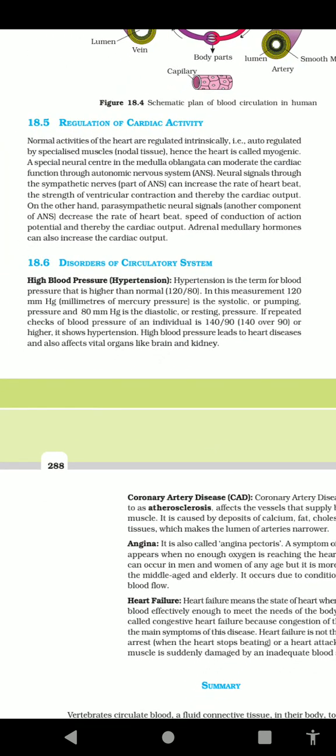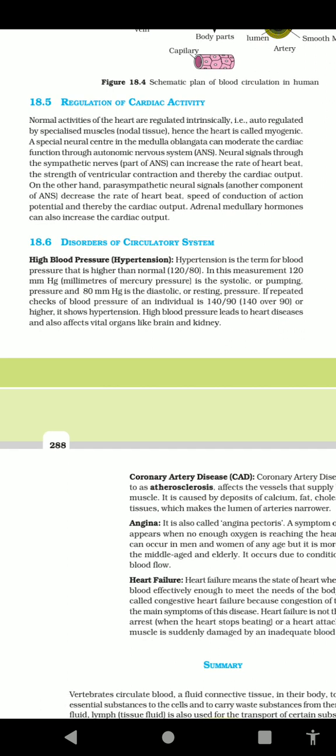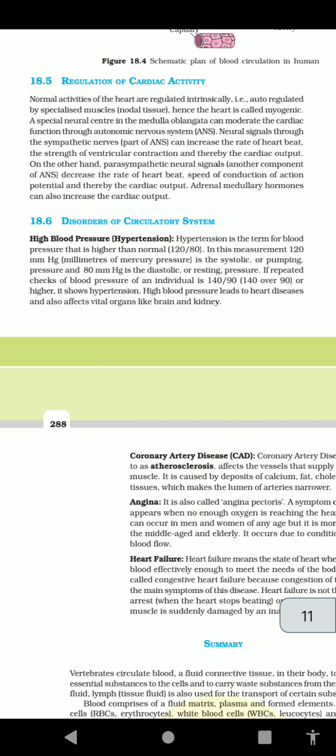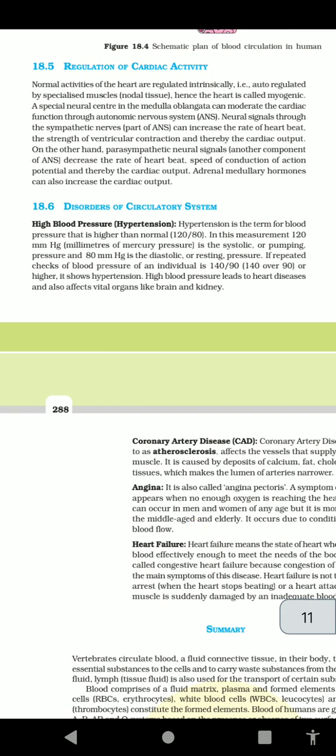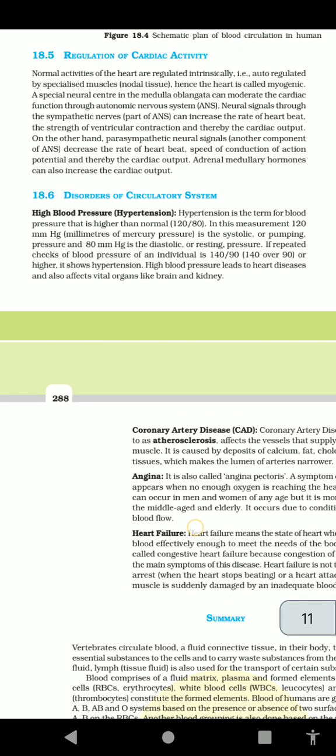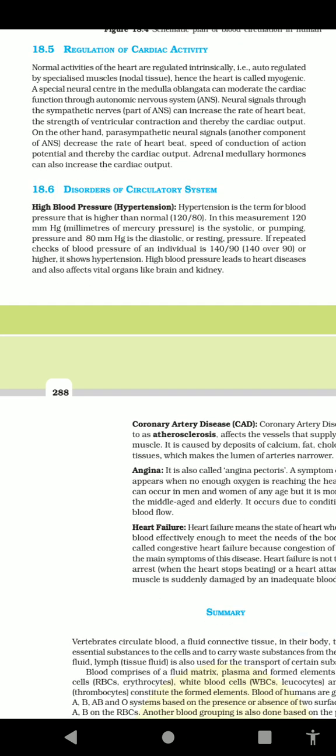Regulation of the cardiac activity. Normal activity of the heart is auto-regulated by specialized muscle, the nodal tissue. Hence, the heart is called myogenic. A special neural center in the medulla oblongata can moderate the cardiac function through the autonomic nervous system, ANS.